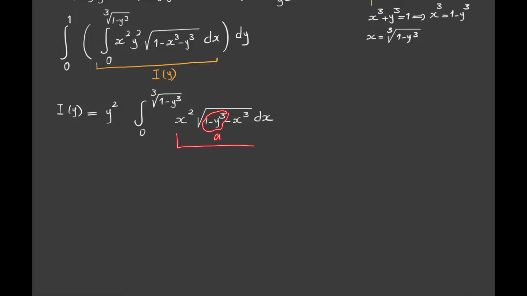Then your integrand becomes x squared, the square root of some constant number a minus x cubed. So you see that you want to integrate this function, but if you have already studied the previous lessons on integration theory, you know how to do that immediately. Why?